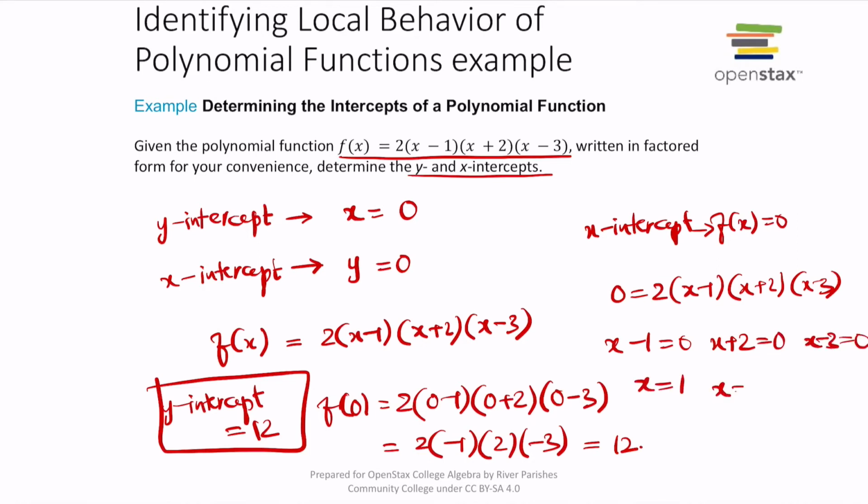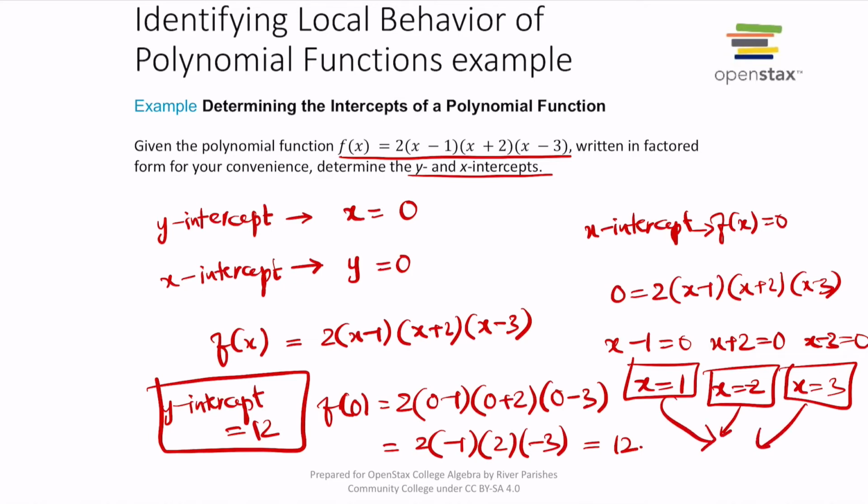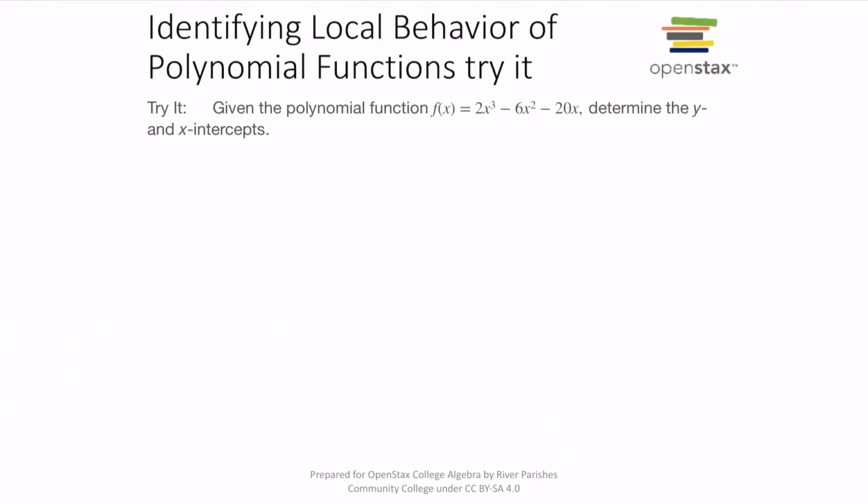So x equals 1, x equals minus 2, and x equals 3. These 3 represent the x-intercepts. Use the same principle now and try to simplify this equation first and then determine the y and x intercepts. Pause the video right here and try to solve this problem.